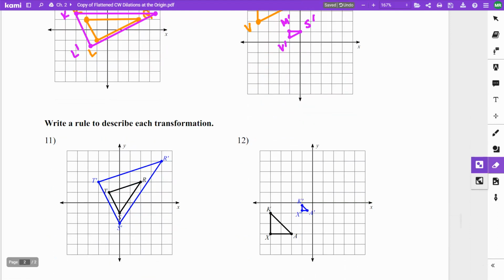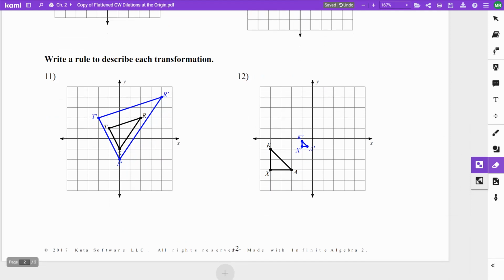On this last section, write a rule to describe each transformation. So what I am doing is looking here and noticing that my original one was at -1, 1.